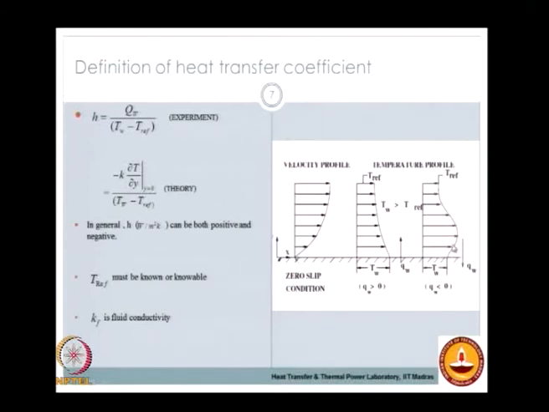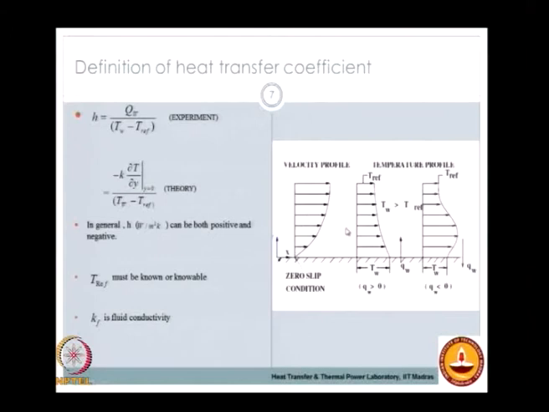So if you now take the temperature gradient, you find that at the wall the dT by dy is actually positive with y, whereas in the denominator your T infinity is still less than your T wall, so the denominator is positive and the numerator will be negative.